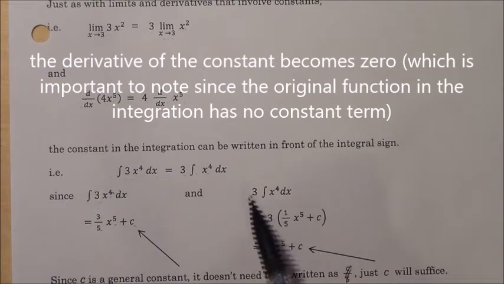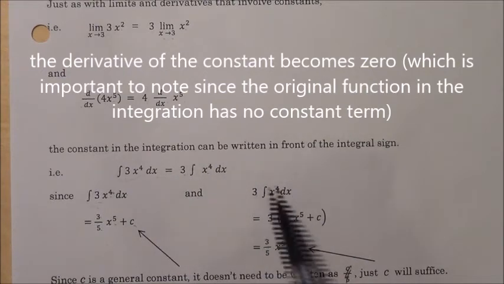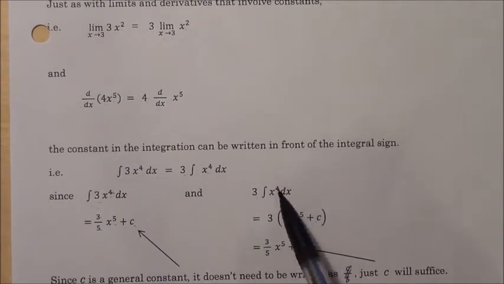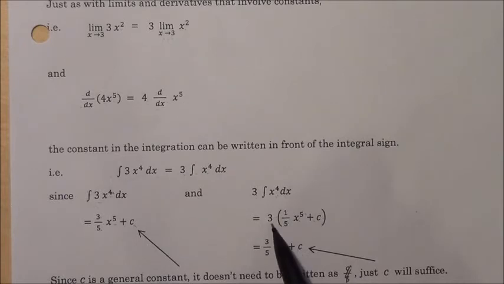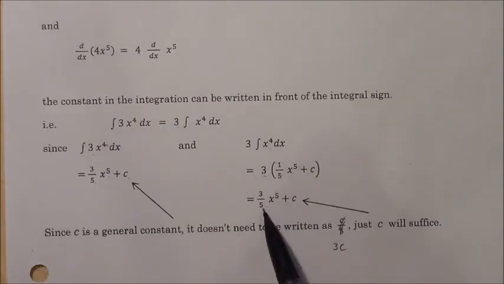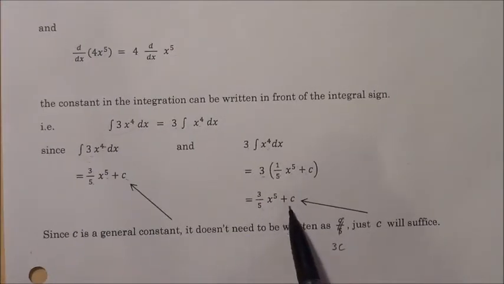If we look at it in this way, when we take the 3 out front, the integral of x to the power 4 dx is 1 over 5 x to the power 5 plus c, and that 3 is still just out front, that constant. If we were to multiply that 3 in, we would get 3 over 5 x to the power 5 plus c.